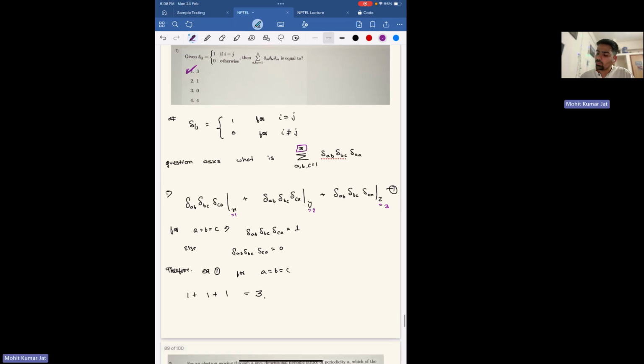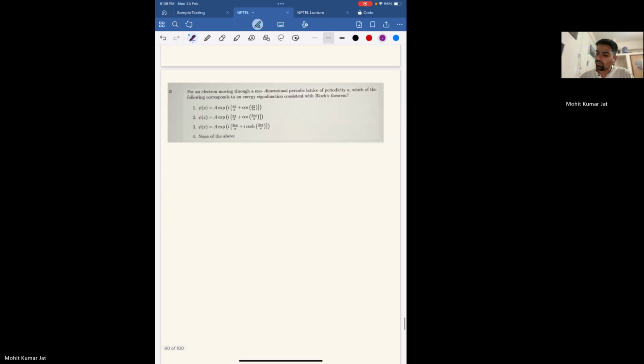Now let's move on to the next problem, which is: for an electron moving through a one-dimensional periodic lattice of periodicity a, which of the following corresponds to an energy eigenfunction consistent with Bloch theorem? So what the question says is that there is an electron which moves in a periodic lattice of periodicity a.